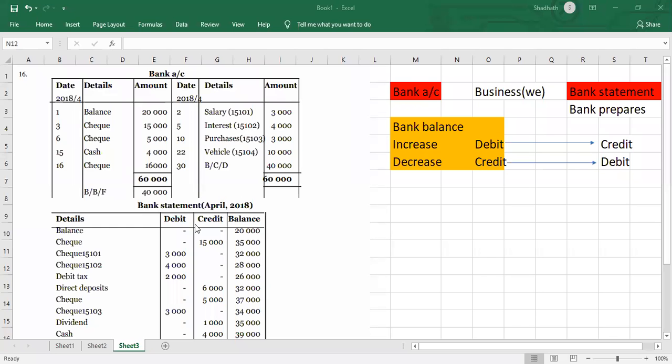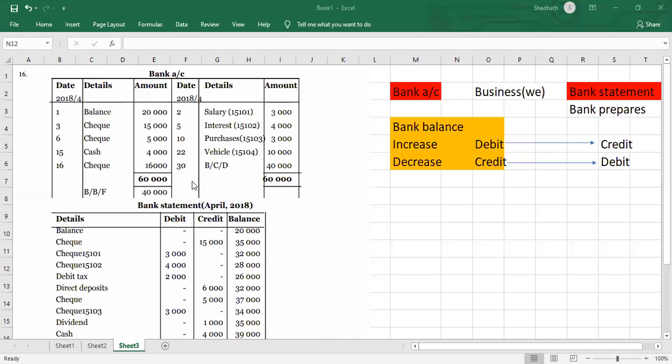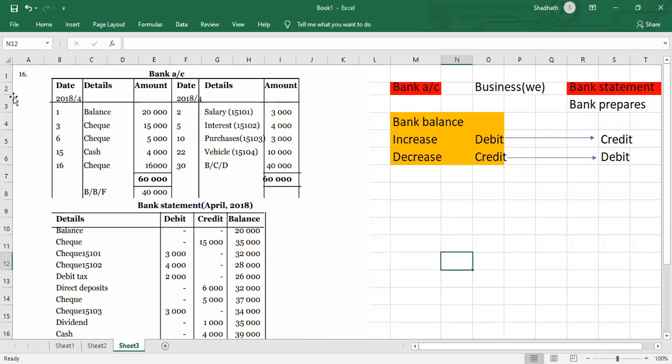Okay, now we are coming to the point. A bank account is prepared by us. A bank prepares the bank statement.